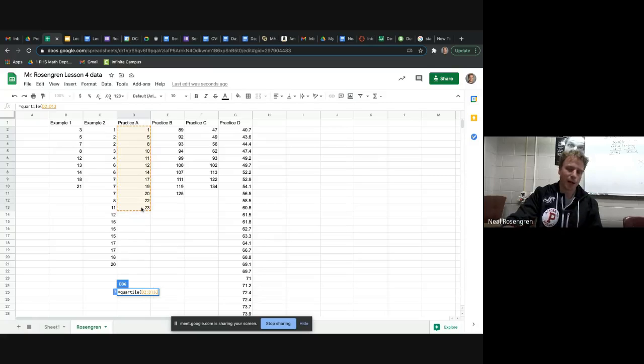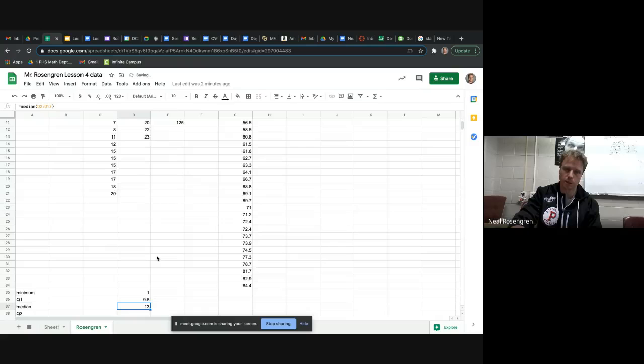So I have to put a comma next, okay? So it's quartile, parentheses, data, and then comma 1 for the first quartile. So I'm going to leave that up so you can write that down, okay? So quartile, parentheses, data, comma 1, just the number 1, okay? Because that'll specify that you want the first quartile and not the third.